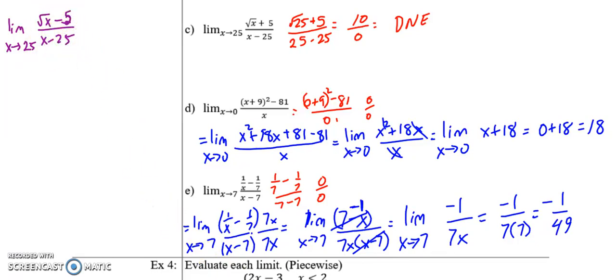Our two options for this. One is the square root's the problem with reducing. We can't reduce with that square root. So how do we get rid of square roots typically? By multiplying by the conjugate. And when we do that, we get the limit as x approaches 25.